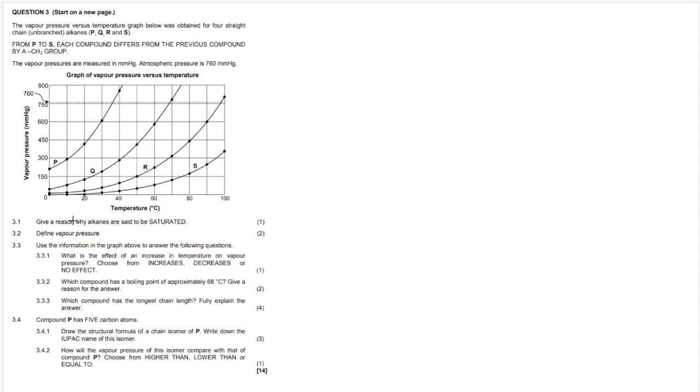And then we have, give a reason why alkanes are said to be saturated. Well, the definition for saturated compounds is that they have only single bonds. Alkanes are said to be saturated because alkanes contain only single bonds. Now, I believe that there will be a number of other definitions.